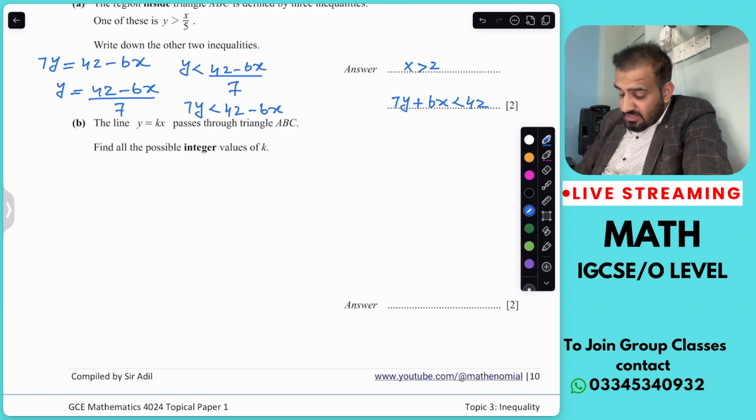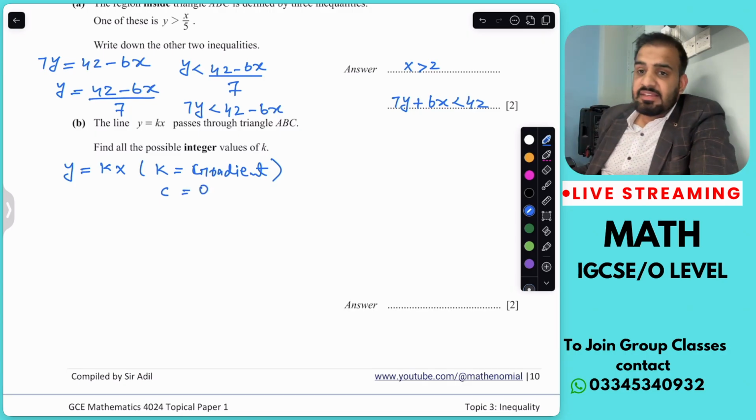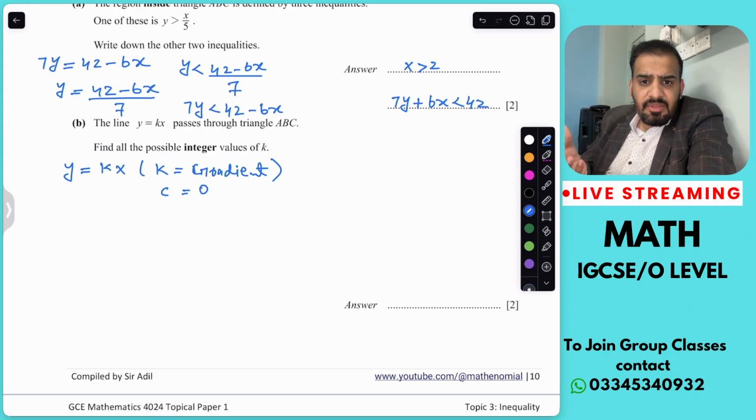If you look at y is equal to kx, you will definitely agree with me that k is your gradient, and c is your 0 because the line passes through the origin. C means y-intercept is 0.